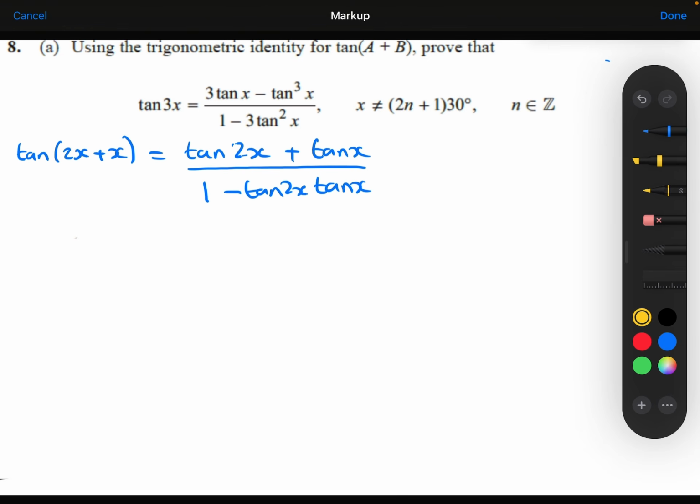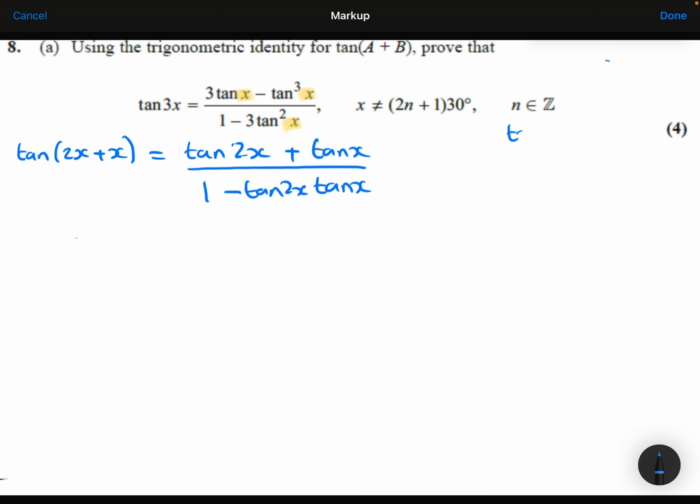Now I can see that I want only tan x. I don't want to have this 2x here, so I need to use the tan double angle formula to expand these out. Now I know that tan 2x is equal to 2 tan x over 1 minus tan squared x.